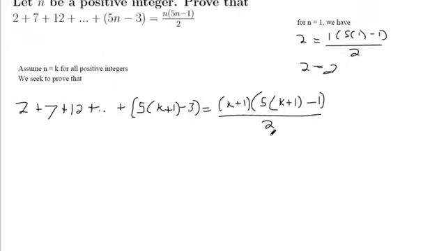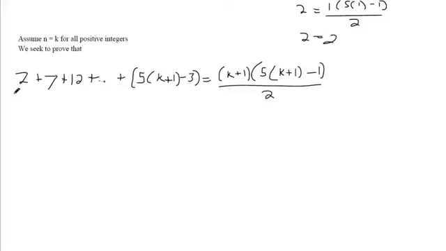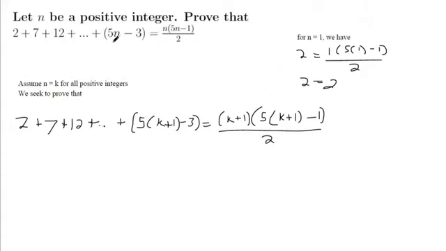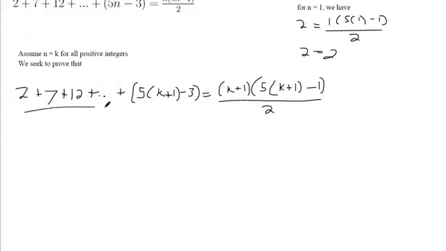To do that, you're going to want to expand this side a little bit, because we plugged in a k plus 1 term, right? And since these are going in order, since n just increases by 1 every time we go a step in the sequence of numbers, then we can expand this side.